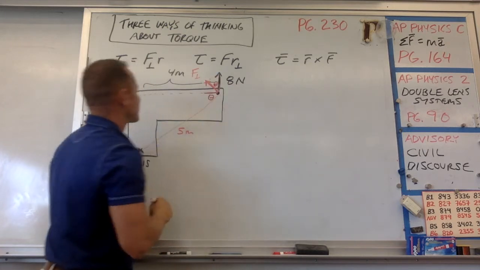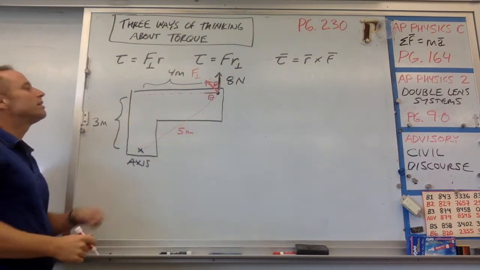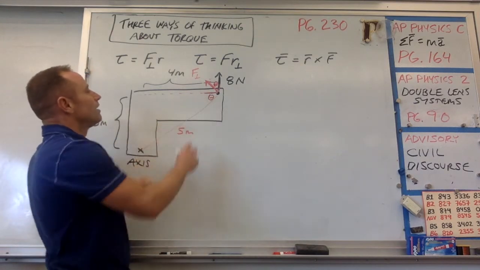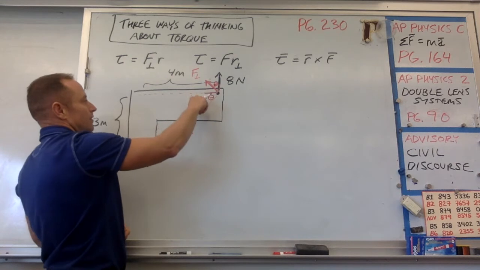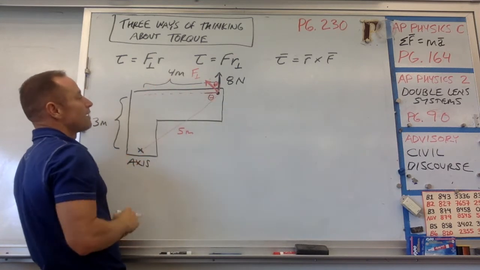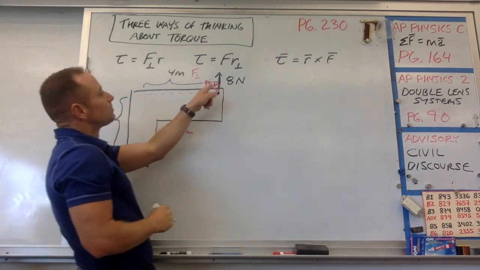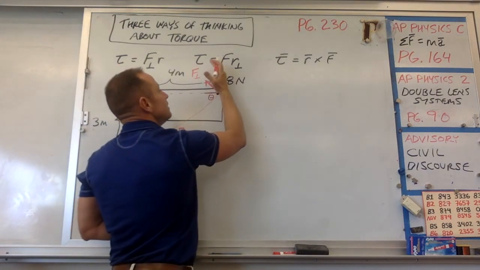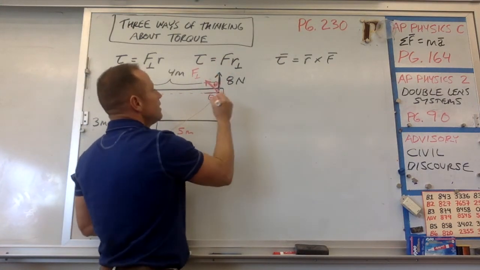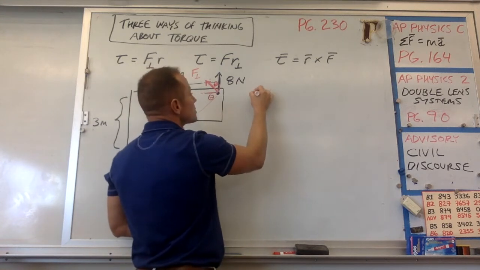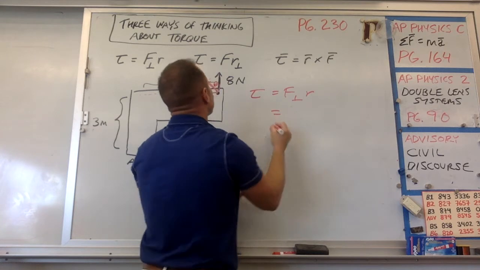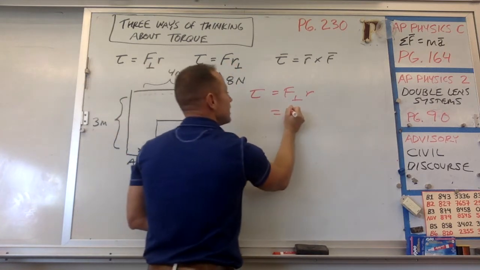So those two angles are the same. And in order to get this particular angle, you can see it's just this angle within a 3, 4, 5 triangle. So this F perp would be 8 cosine theta. So in this case, if we use torque is F perp R, F perp is going to be 8 cosine theta.